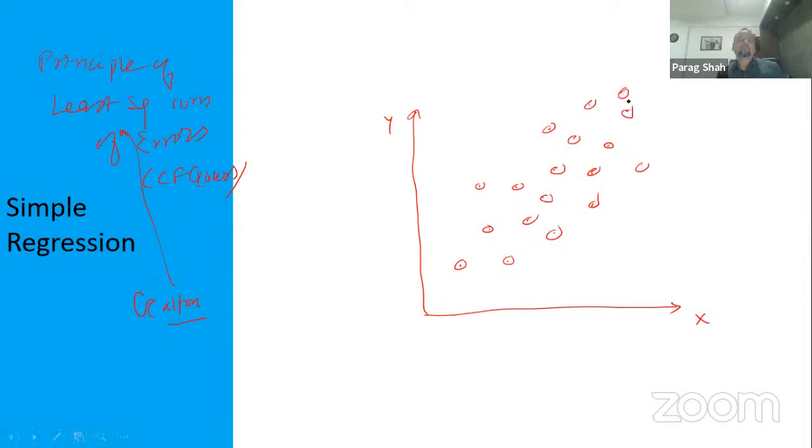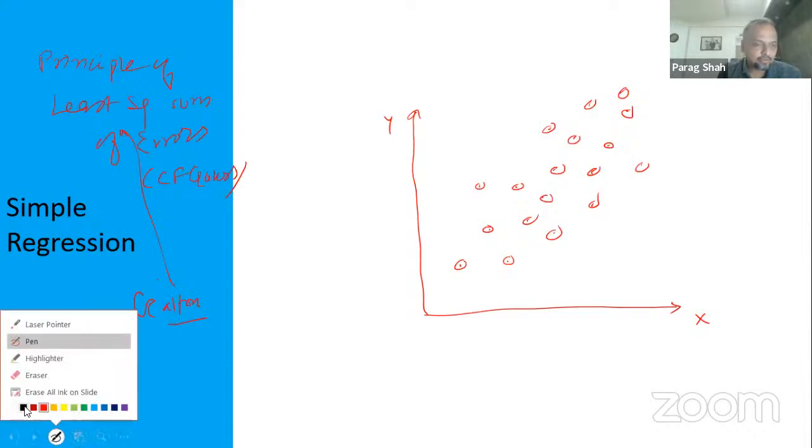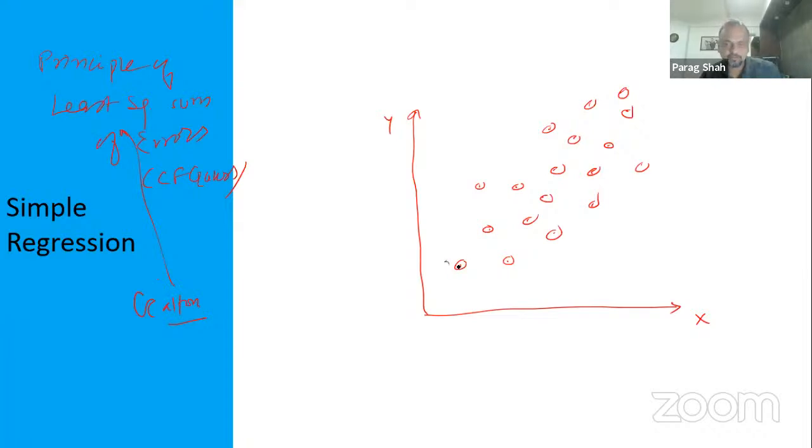This is my scatter plot of X and Y. Now, the method is that C.F. Gauss says, you draw a line passing through nearly all points, not necessarily all points.